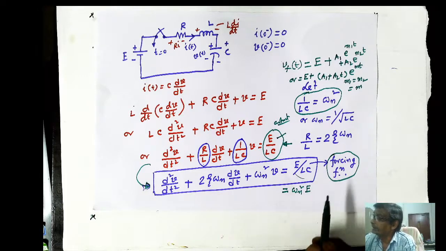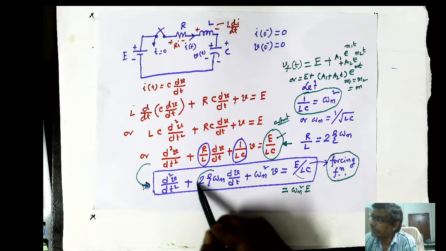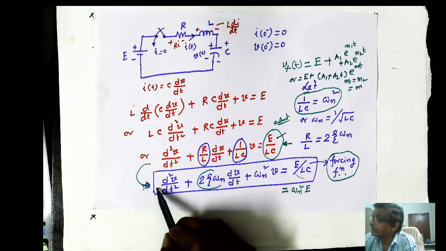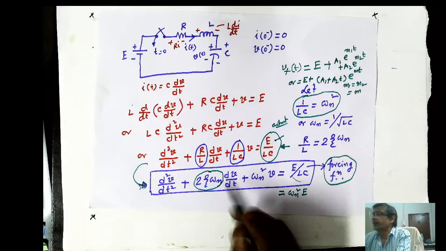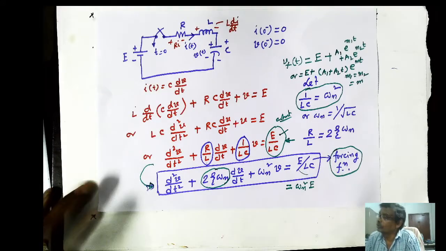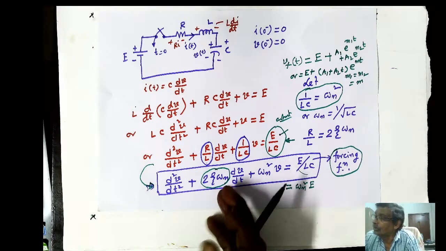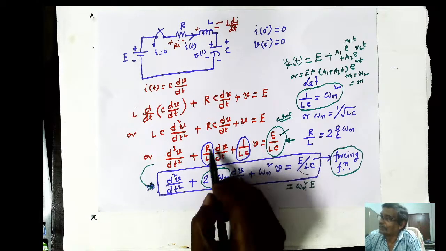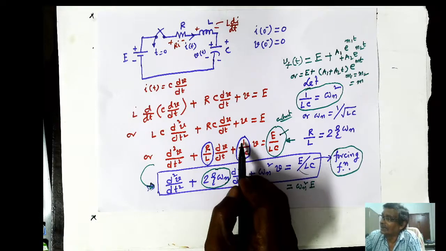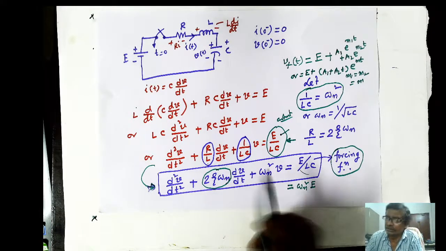And the other coefficient, this coefficient is 1, I have kept it. This coefficient, R by L, I will call 2 zeta omega n. So two new variables come in instead of these two constant coefficients. Suppose this is A, this is B, then replace it by some other quantities; that I am allowed to do.